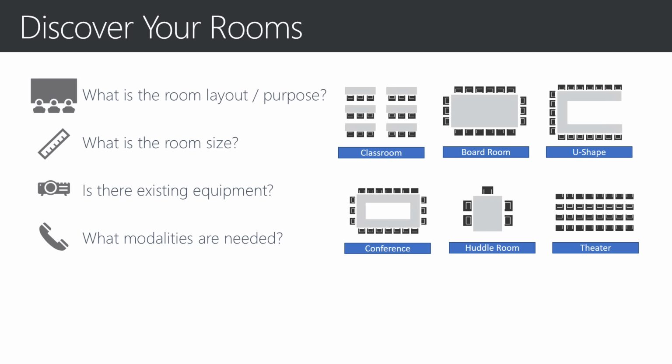Depending on the room type and size, one solution could be a better fit than others, or even with the same solution, you might need to use different audio and video peripherals, like speakers and cameras, in each room. You need to understand the existing equipment as well, like existing displays or projectors, so that you can try reusing them and keep the cost at a minimum level.